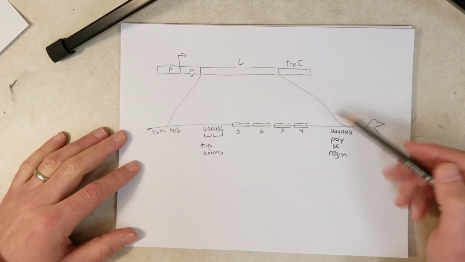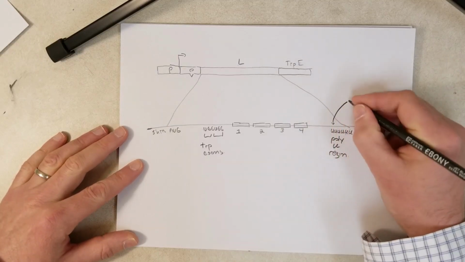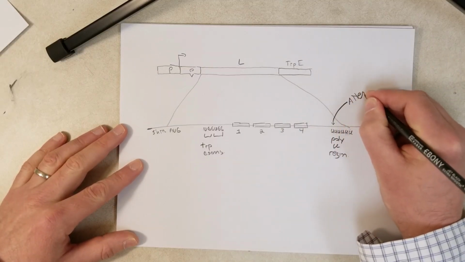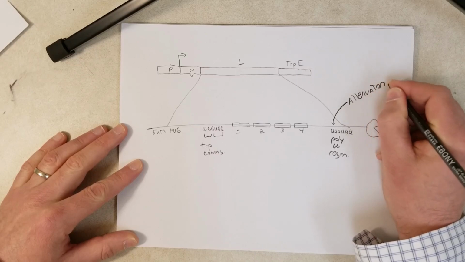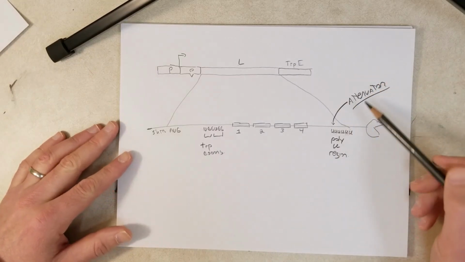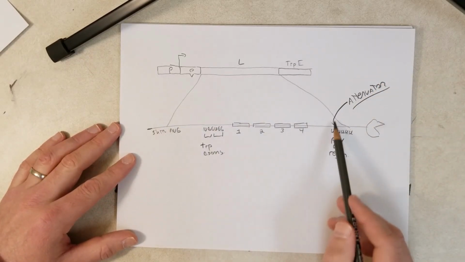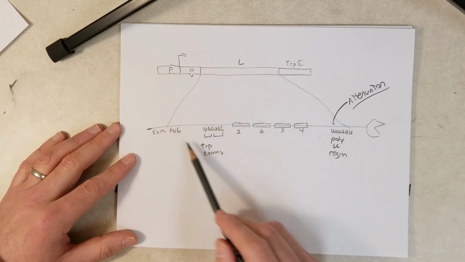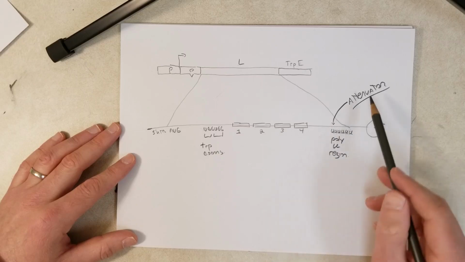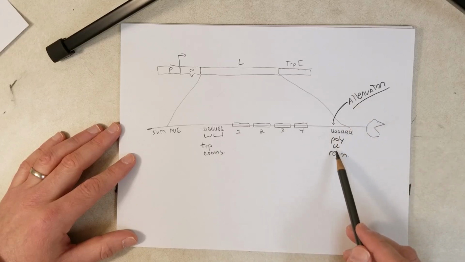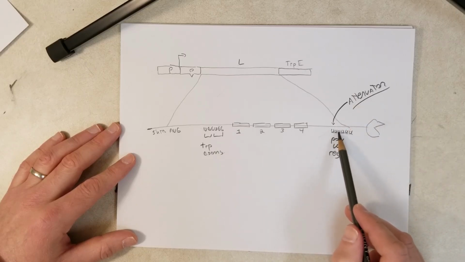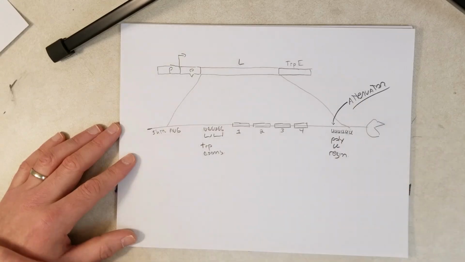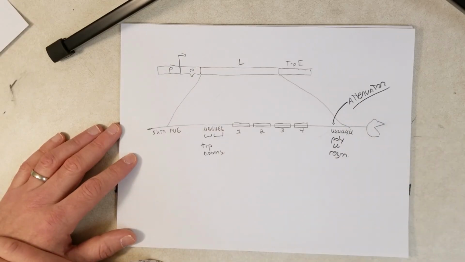Another thing I wanted to point out is that some references consider the whole leader region the attenuator, and others say just this poly-U region of the leader sequence is the attenuator region or the attenuator sequence.